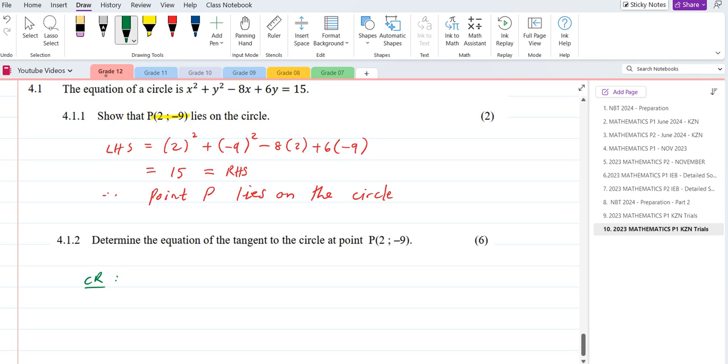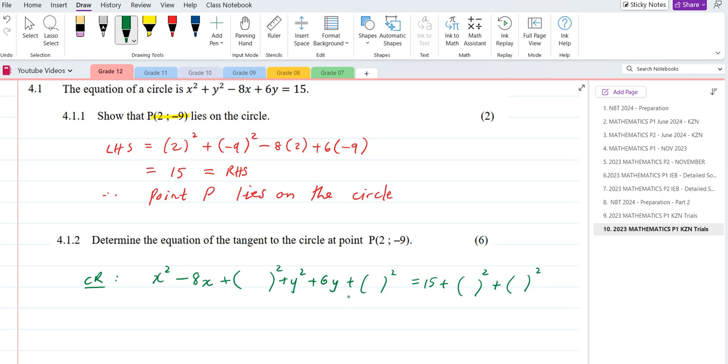Center radius form is x squared, make sure to put the negative 8x, leave a space, plus something squared, plus y squared plus 6y plus another something squared is equal to 15 plus, because we're adding something here and adding another something there, we need to add it on that side.